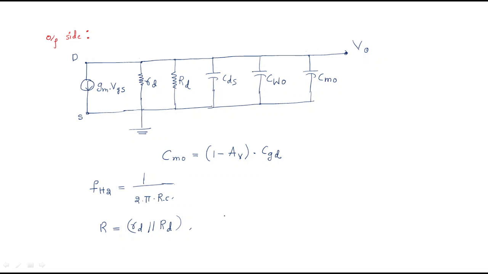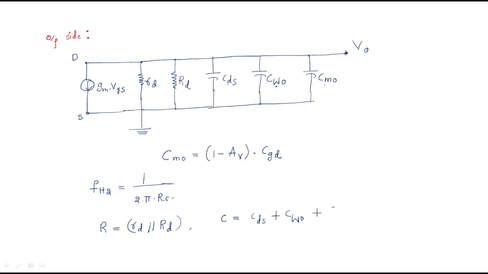And what about the capacitance C? We have three capacitances, CDS, CWO, CMO, and these three are connected in parallel. So C is CDS plus CWO plus CMO. CWO is the output wiring capacitance.